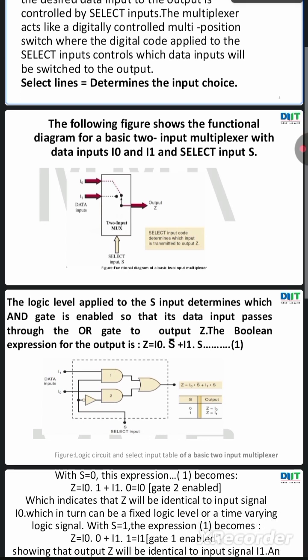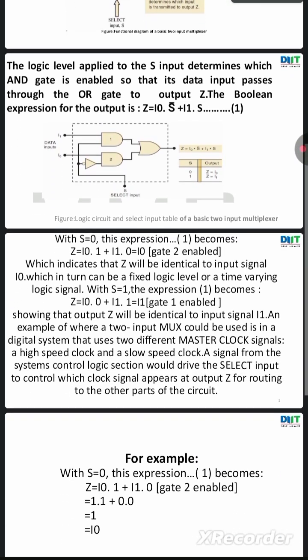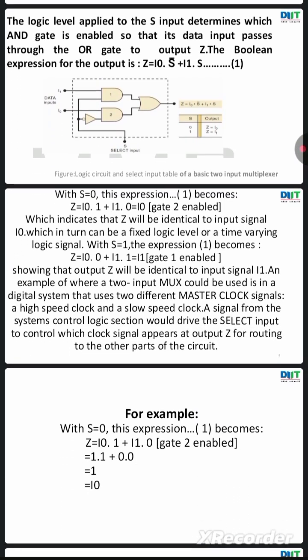Now we will learn about truth tables. This is the truth table of the 2-to-1 multiplexer.